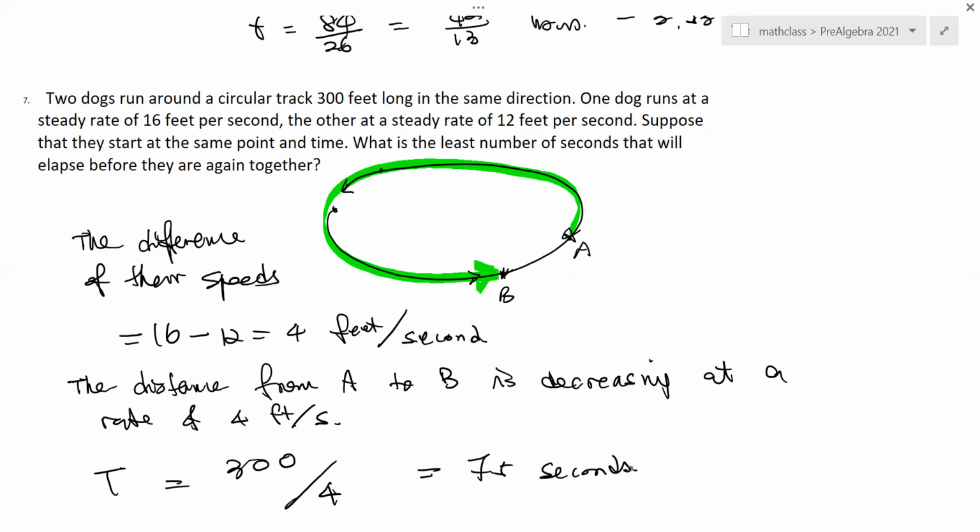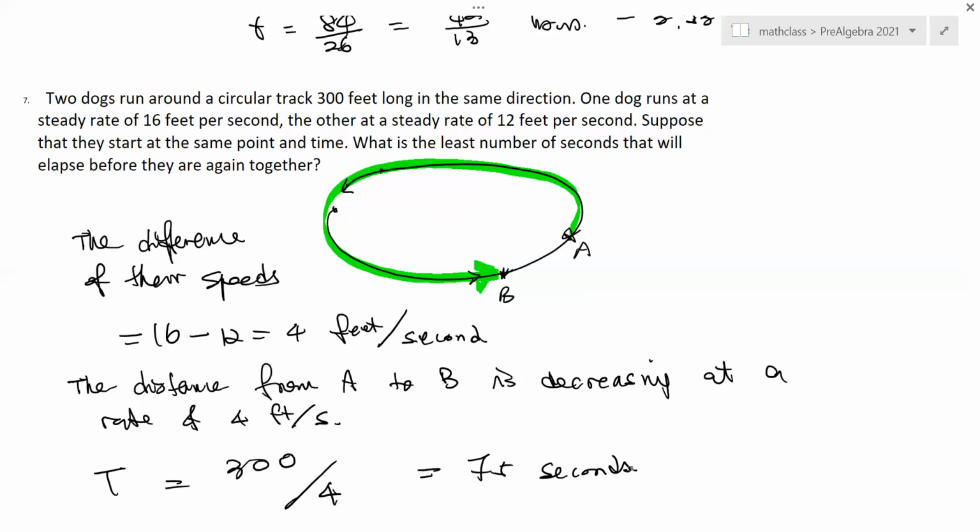So think about it, this is not the direct distance. The distance from A to B is on the back side of B. That is the distance getting shorter and shorter, so it's decreasing at the rate of 4 feet per second. Solving this kind of problem at the very beginning was confusing because they both are moving.